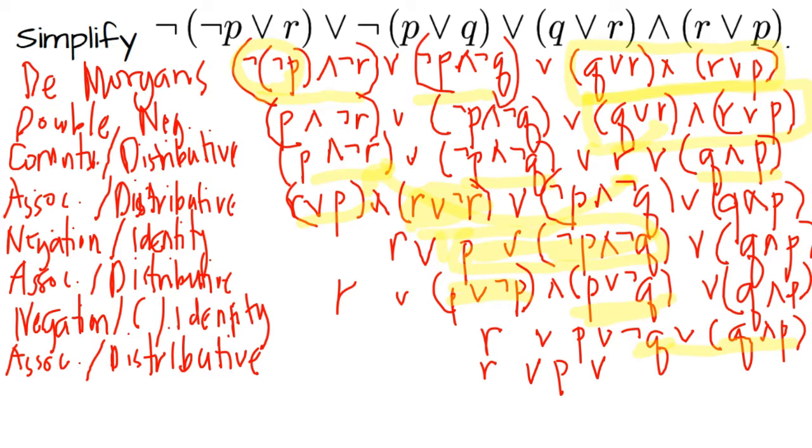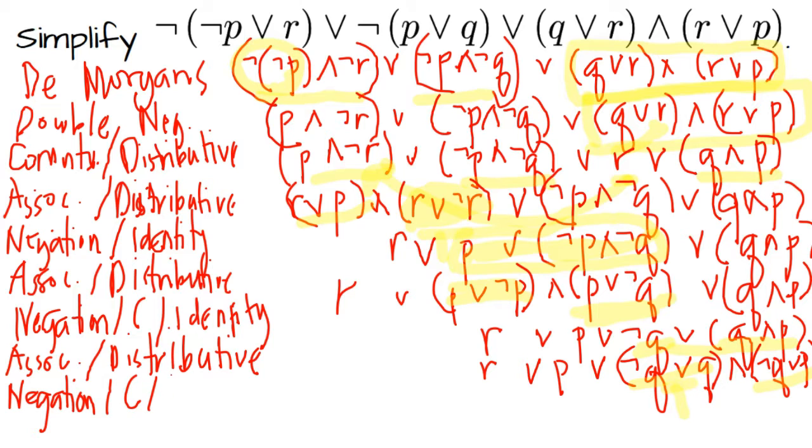So this will be not of Q or Q and the not of Q or P. So after this, we will have another negation. So this will be true and commutative and another identity. So negation, commutative, and identity.